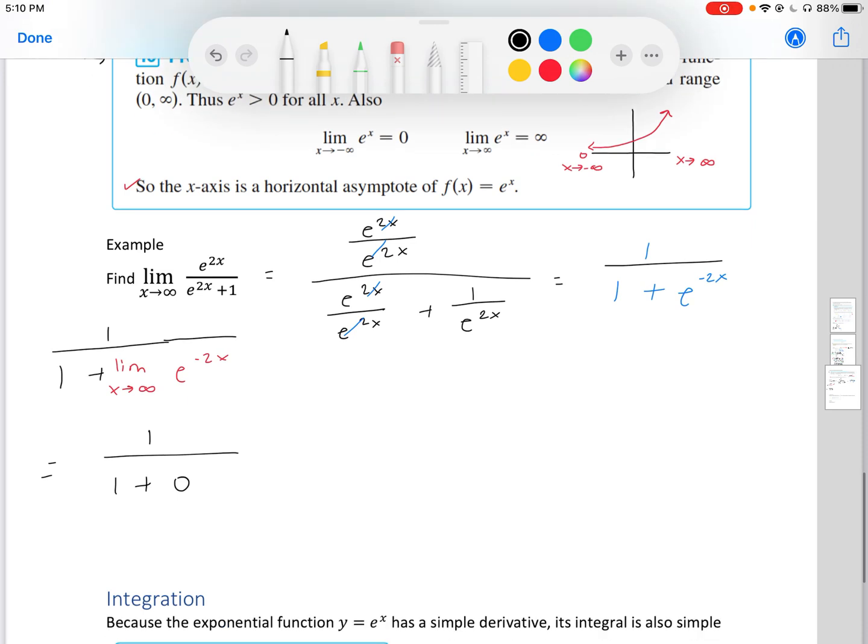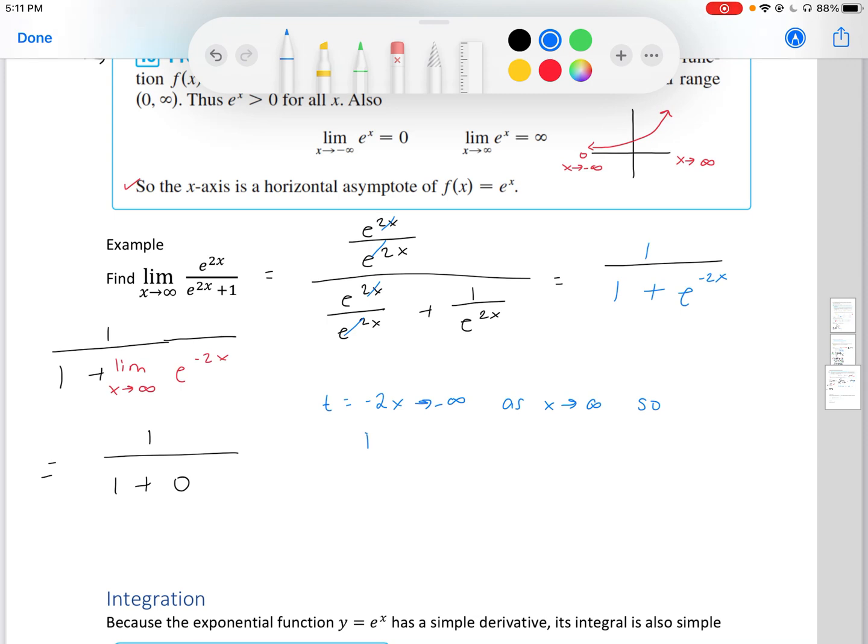Now the reason it's 0 is because, let's make a replacement. Let t equal negative 2x, approaching negative infinity as x is approaching infinity.